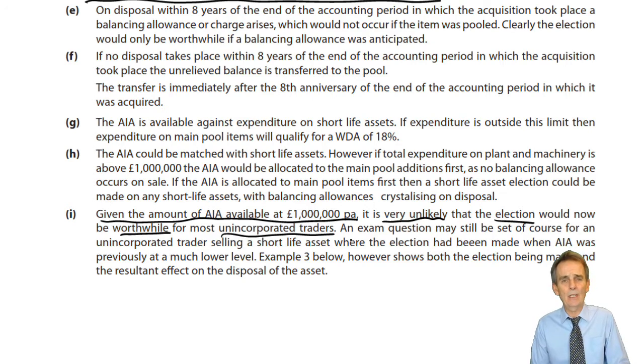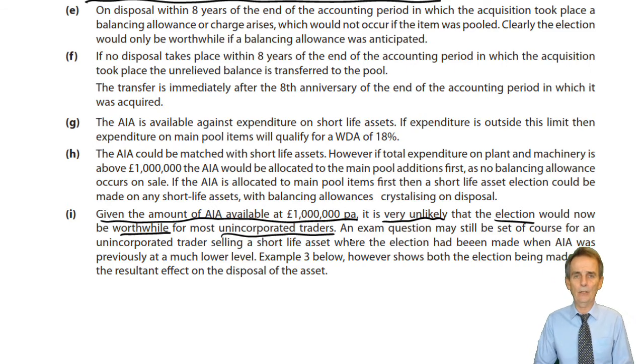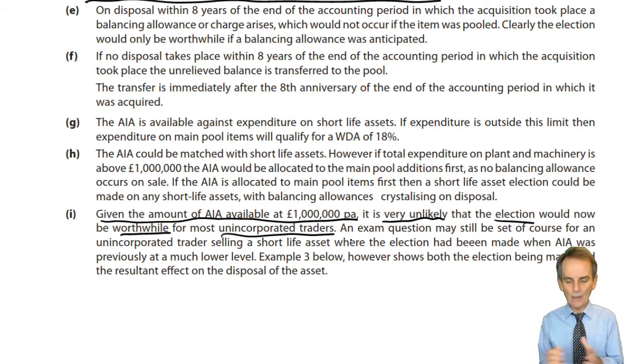So it's only in these circumstances that you will be considering making the depooling election for the short life asset. The total expenditure for, let's say, a 12-month accounting period that would be eligible for the main pool is in excess of £1 million. And within that total, there are one or more short life assets that you believe that you have acquired.